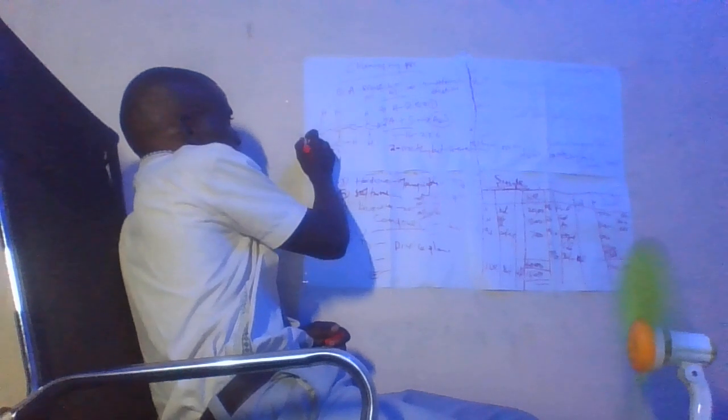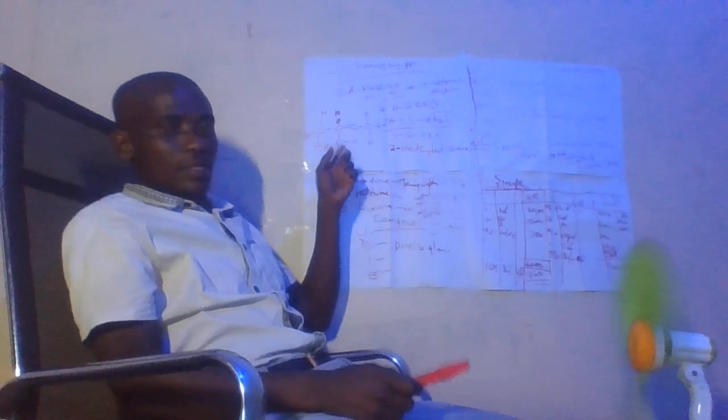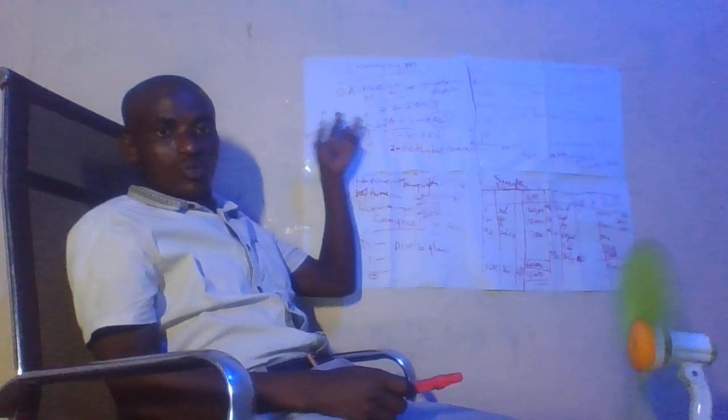So it should show the double bond, because this is butene.